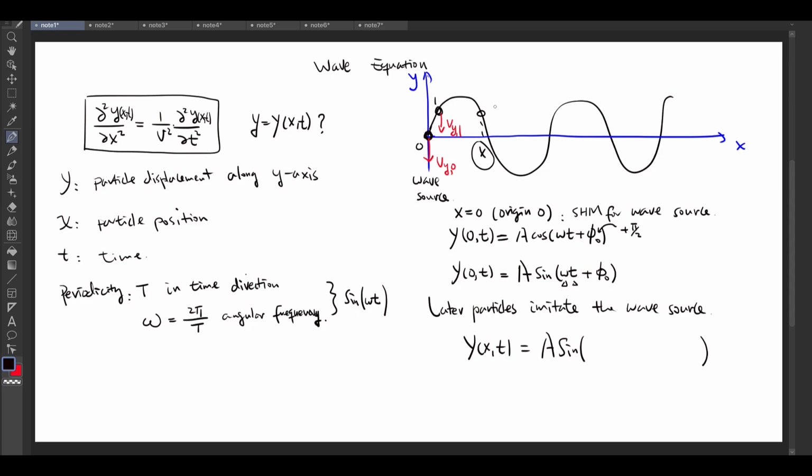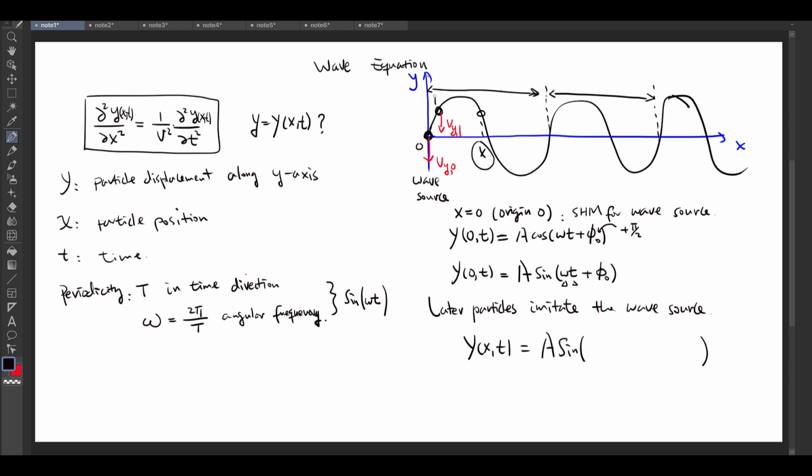Now remember, we also have from this picture the periodicity in space. If I look at, let's say, this length of the wave, and then I keep looking to the right, at the repeat of such a pattern, then I can say there's a periodicity in space, right?